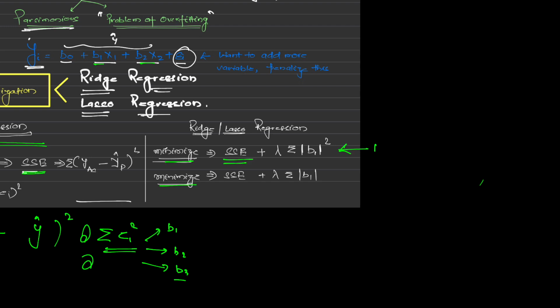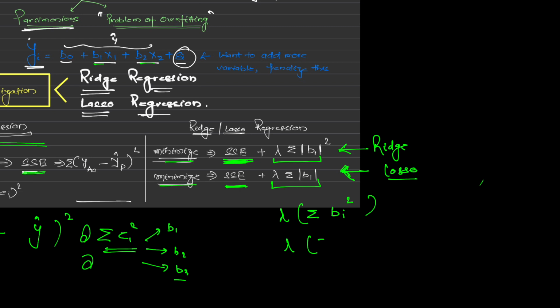So this is the equation of ridge, and this is the optimization or objective function of lasso regression, which you are trying to minimize. In both cases you minimize the sum of squared error, but you're also minimizing something more. In ridge it is lambda times the summation of the square of all the coefficients, and in lasso regression it is lambda times the sum of absolute values of bi.